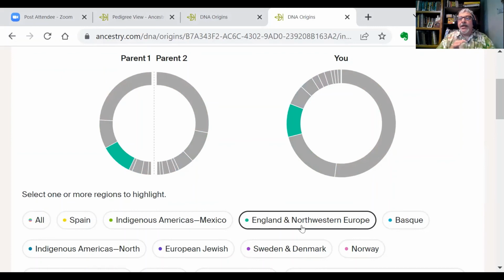And I have England and Northwestern Europe only on the one side. So the left-hand side, parent number one, I'm thinking is my mother's ancestry. I may be completely wrong, 50-50 chance, right? But I'm thinking this is my mother's ancestry. Parent number two is my father's ancestry.